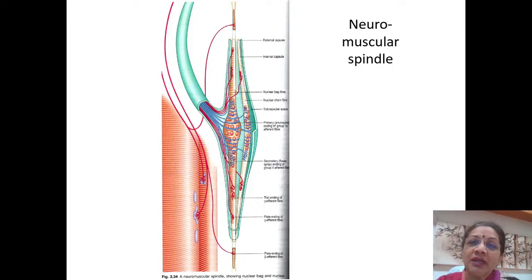This is actually a little more deep detail, just to bring home to you that there is a concept called a neuromuscular spindle, in which there is afferent information which is being subserved by primary and secondary endings of afferent fibers, and they're taking away information towards the CNS.